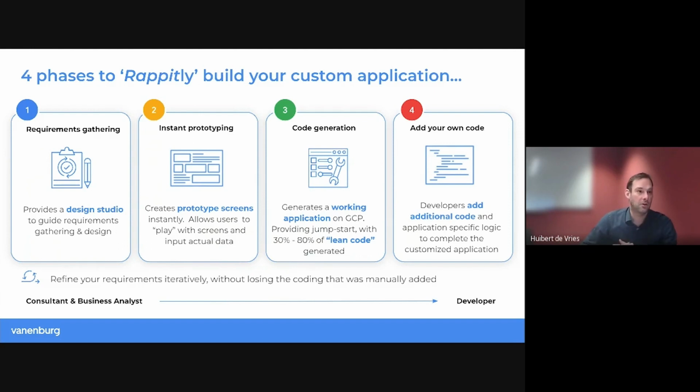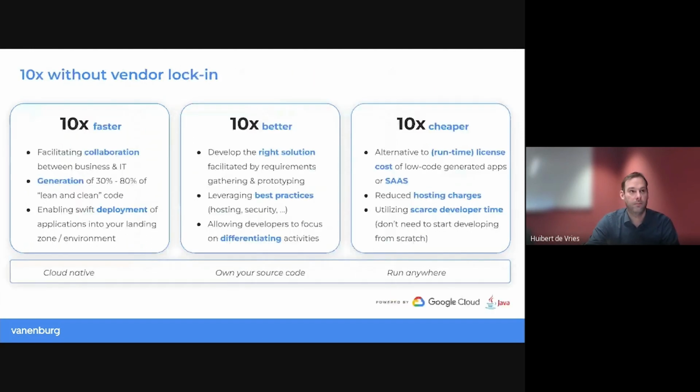I would also like to highlight that Rappit allows you to refine your requirements iteratively. So if you have added custom code, you can still go back to phase one or phase two to further improve prototypes and generate new code. That code will not be overwritten. So 10x without vendor lock-in.